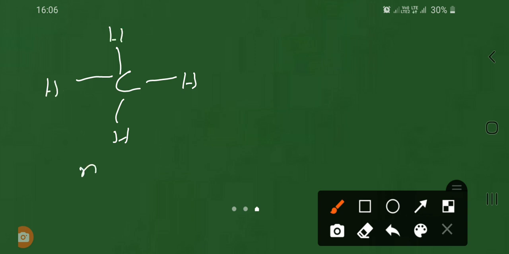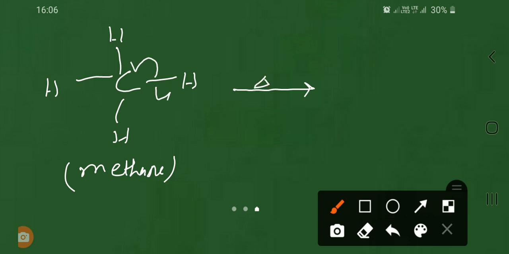Now what happens if the bonded atoms are different? Here you can see that the bonded atoms are different. We consider methane as an example. Thermal energy is applied. H3C, and there is one electron on this carbon.